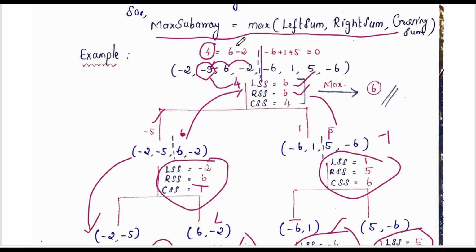Clear? Then on the right side, start from minus 6. First value is minus 6. Then minus 6 is added with the second element. Minus 6 plus 1, that is 5. The value will increase, right? Then move further. Minus 5. So minus 6 is less than minus 5. So minus 5 is maximum. So move further. Then add with the next element. Minus 5 plus 5, that is 0. The value will increase, right?